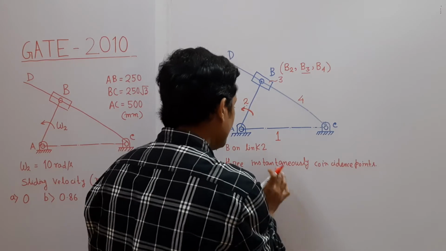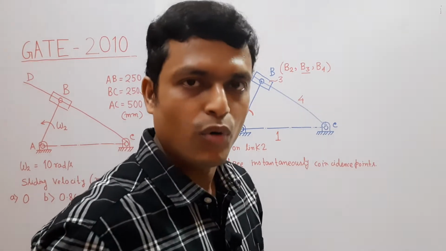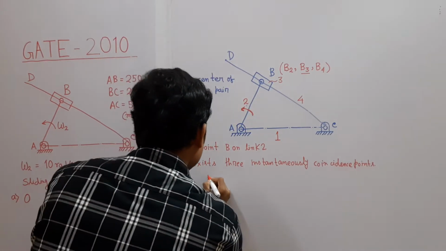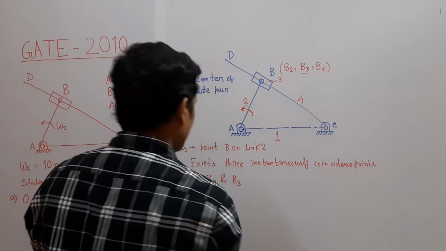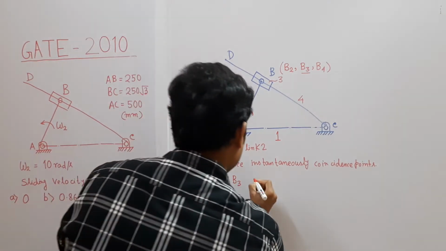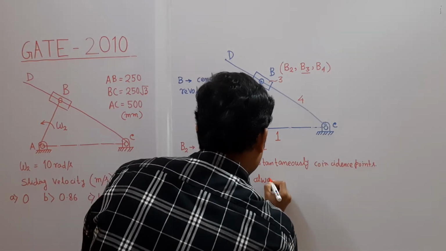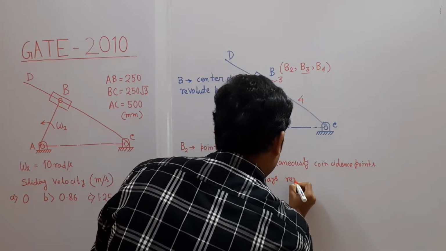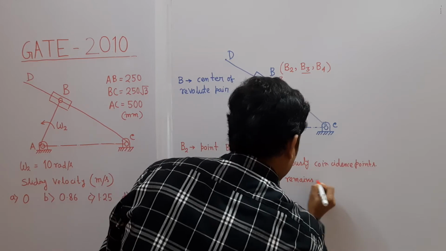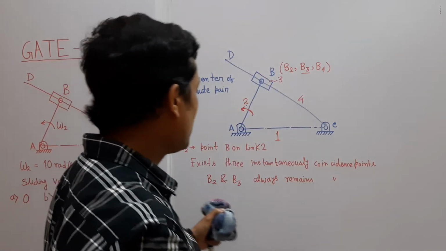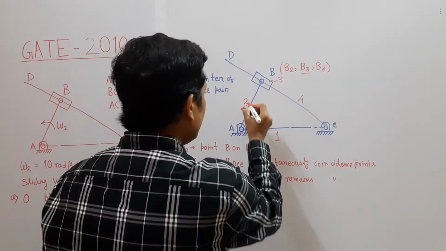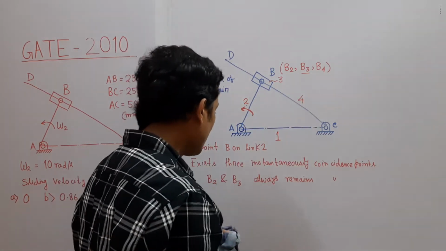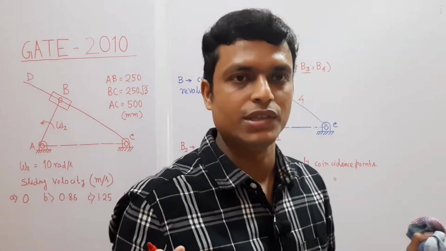Out of these 3 instantaneously coincident points, B2 and B3 always remain coincident. Why? Because this revolute pair connects link number 2 and 3. So they will always remain coincident.